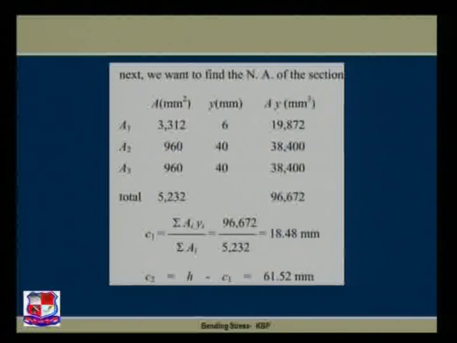We want to find the neutral axis of the section, and hence to find the neutral axis I have to use the concept of CG. I have divided the given section into 3 parts, A1, A2, A3, and I found the CG as C1 equal to 18.48 mm, while C2, that is H minus C1, is 61.52 mm.